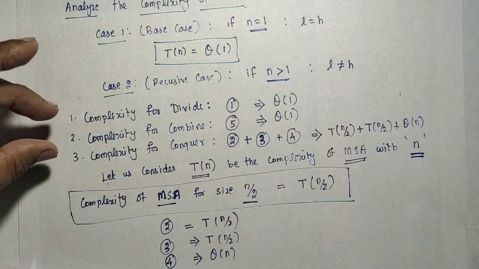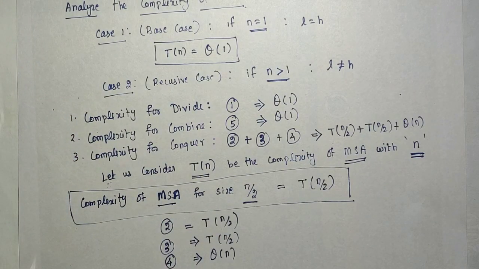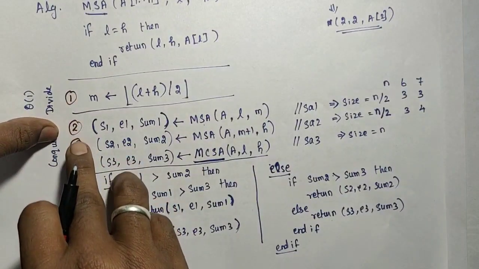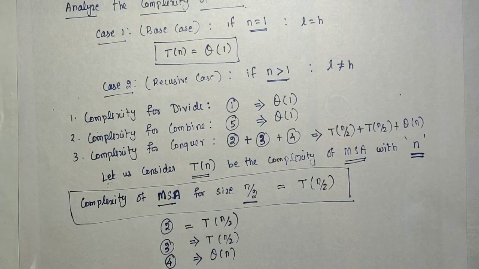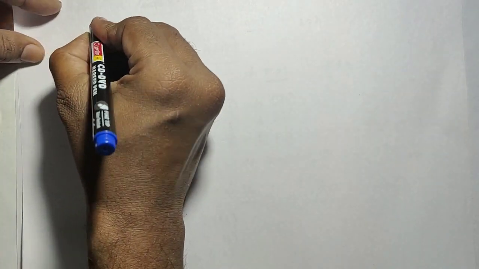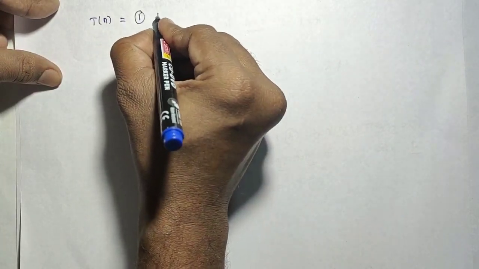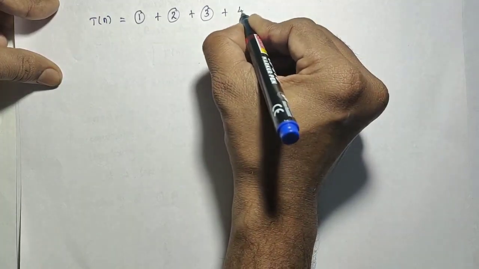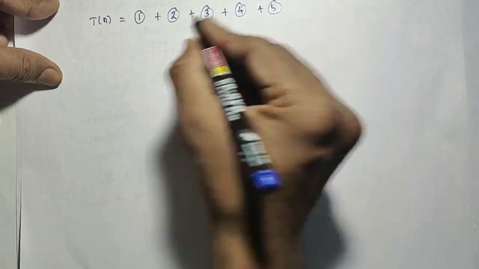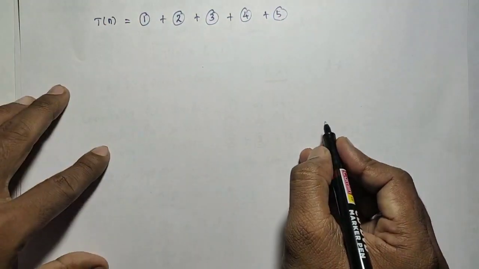So the complexity of T of n means the entire steps, 1 plus 2 plus 3 plus 4 plus 5, all of which we have to consider. So T of n is equal to the complexity for step 1 plus step 2, step 3, step 4 and then step 5. Steps 1 and 5 are divide and combine, and 2, 3, 4 are conquer.